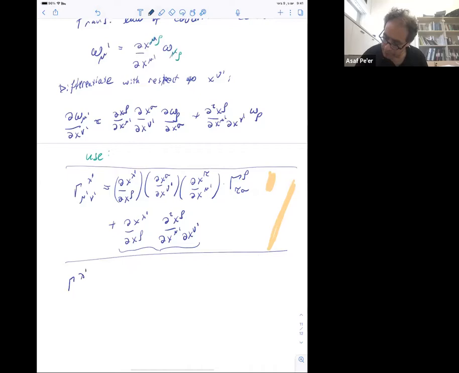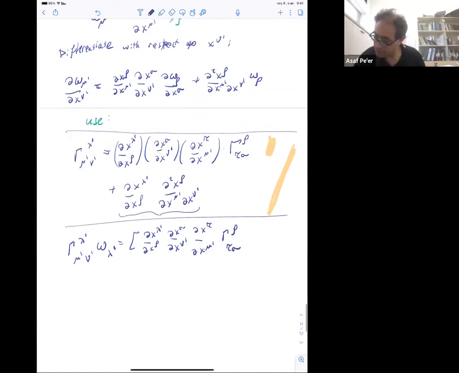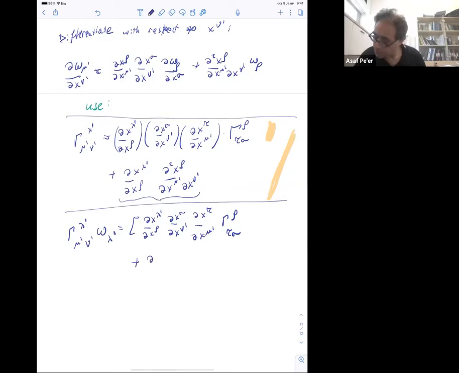So gamma lambda prime, mu prime, omega lambda prime is dx lambda prime over dx rho, dx sigma over dx mu prime, dx tau over dx mu prime, gamma rho tau sigma plus dx lambda prime over dx rho, d squared x rho over dx mu prime, and then omega lambda prime, I can just write it as dx kappa over dx lambda prime omega kappa.